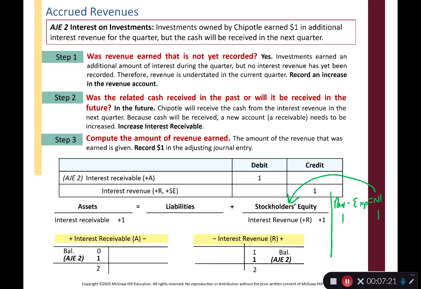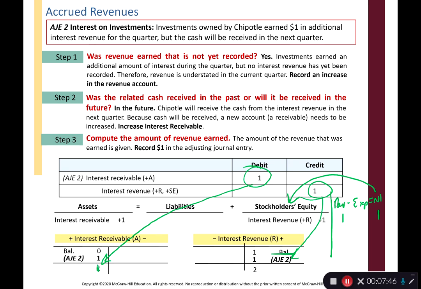So if it's on the left, we put it on the left. So I guess I should use my journal entry up here to show it. On the left, put it on the left. On the right, put it on the right. And again, the goal is to adjust these balances and make them correct. I just realized there's a math issue here with the interest receivable balance. It shows a balance of 2, but 0 plus 1 does not equal 2.